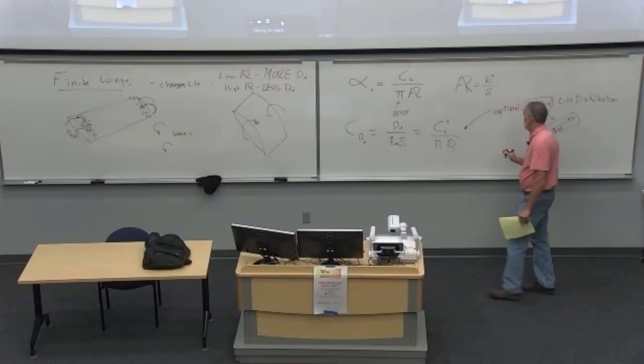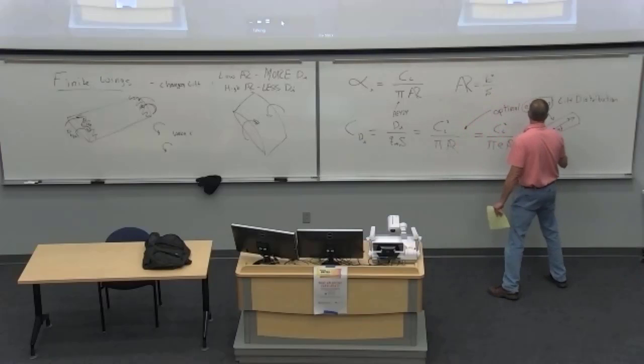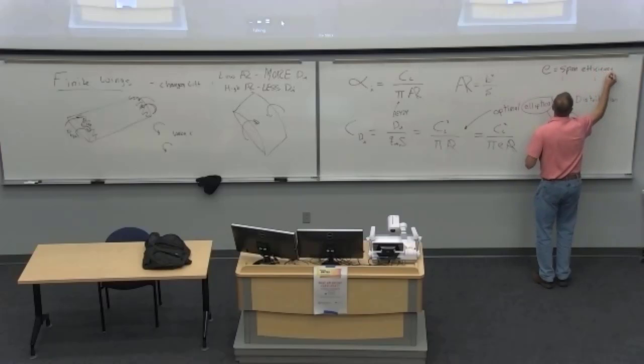But if you don't, then you put in a factor in the denominator that's called E. This is called the span efficiency factor.